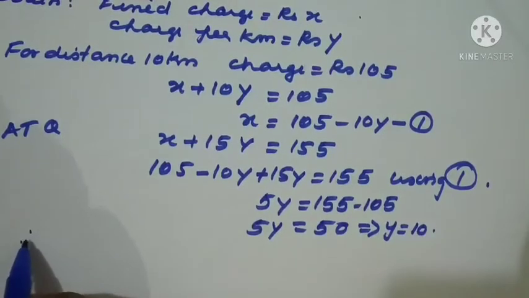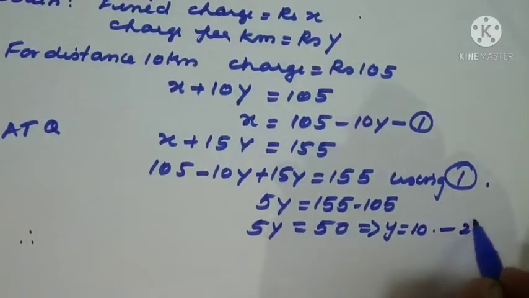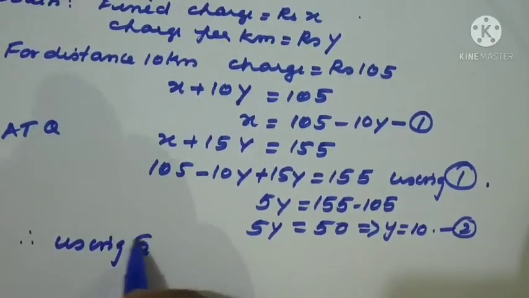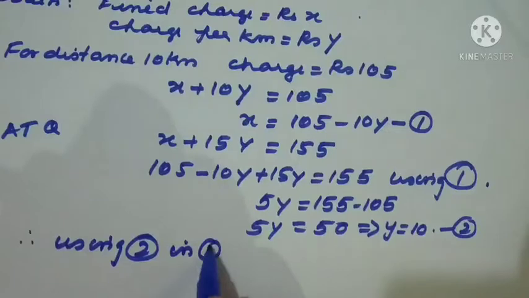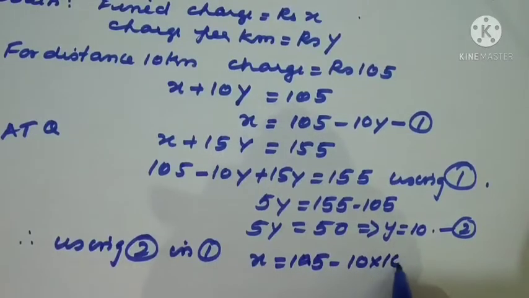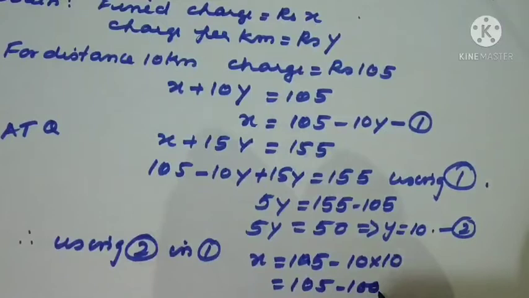Therefore, using 2 in 1, x equal to 105 minus 10 into 10. That means 105 minus 100, it is equal to 5.